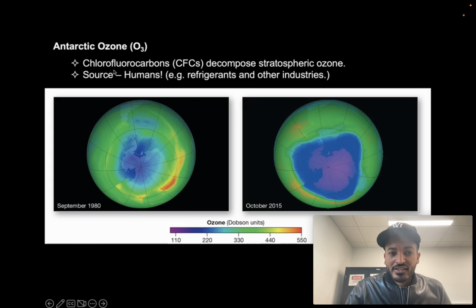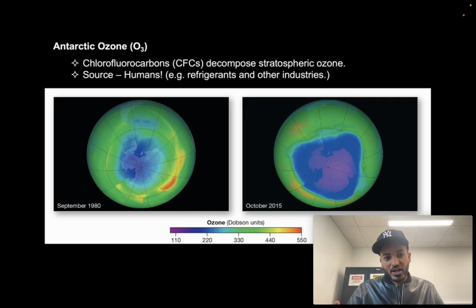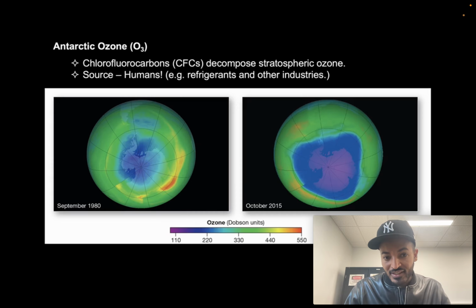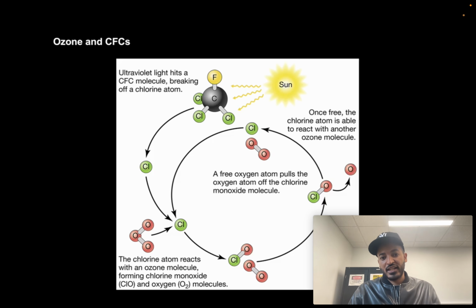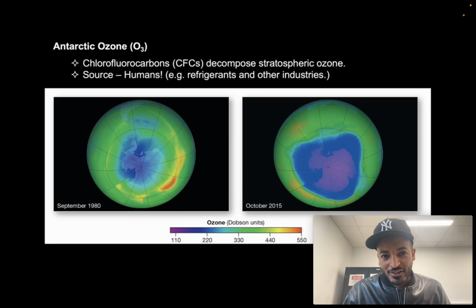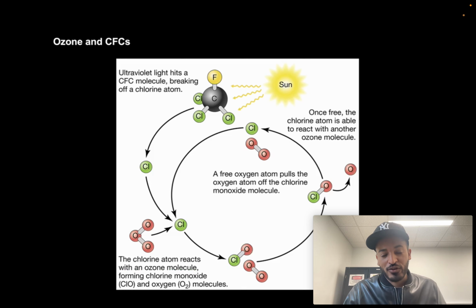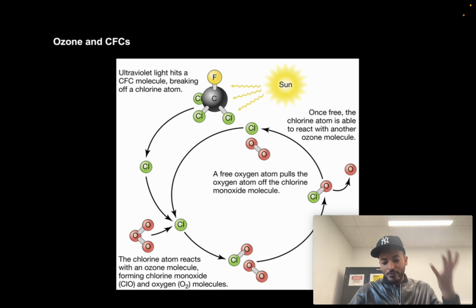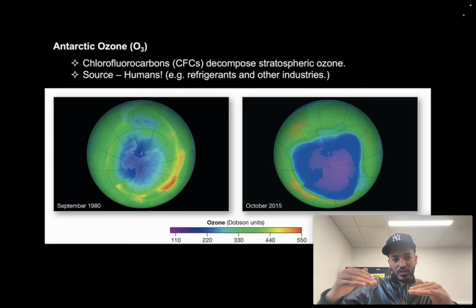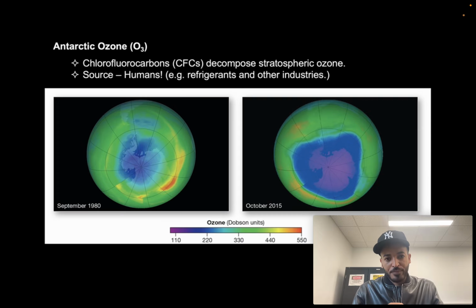So the CFCs, as I'll show you in the next slide, since the 80s, we know that they destroy this ozone by reacting with the ozone molecule from the bottom up, right? We want the ozone layer to interact with the UV radiation. That's the primary purpose of having the ozone layer in the stratosphere, right?